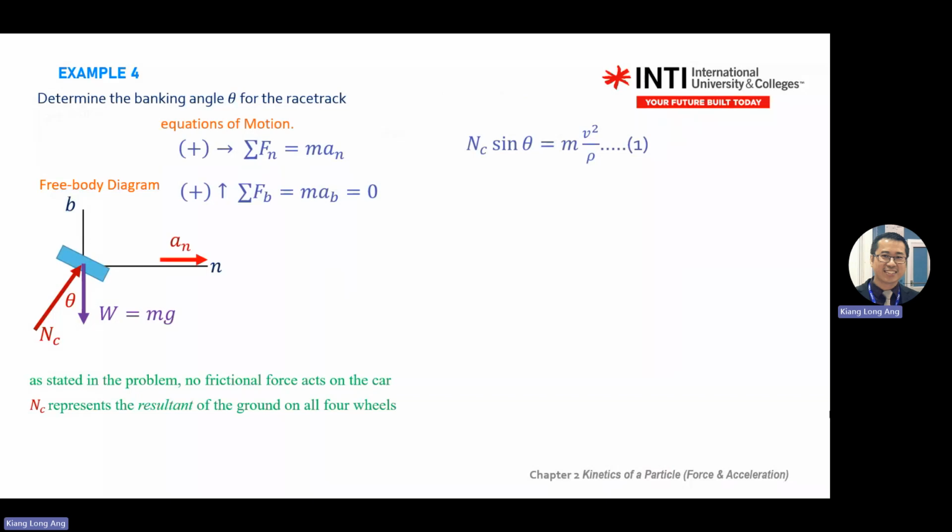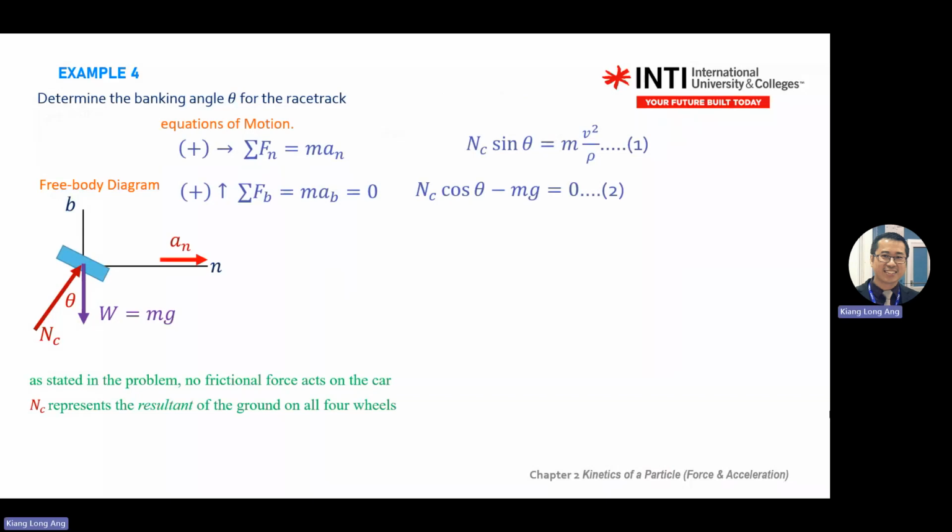There's a force on the object, so NC splits into this direction. So you get NC cos theta, and this one goes up, positive. That's why you get negative here.